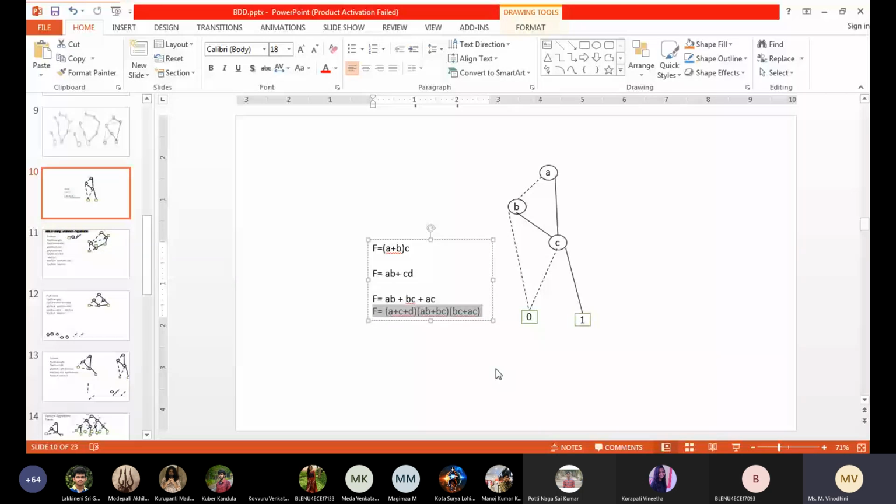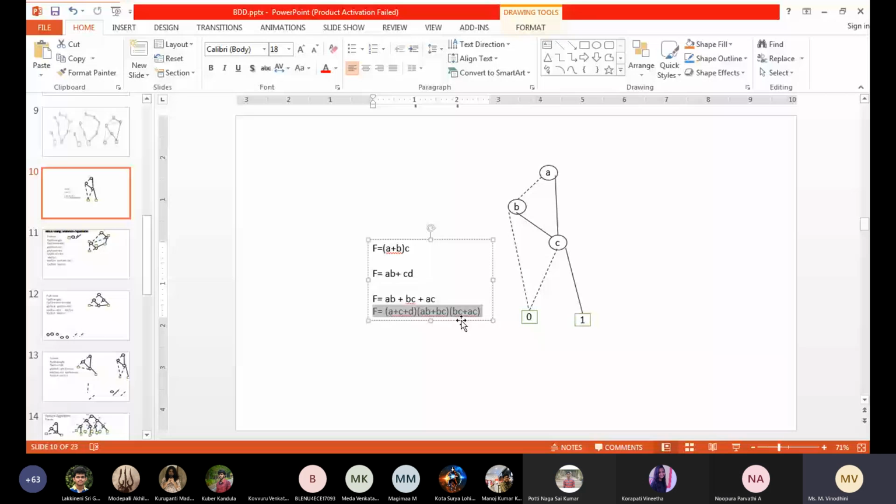This we have solved only using which method? Rules or Shannon's expansion or reduce algorithm? Tell me the last expression. Rules method. Only rules we have done.